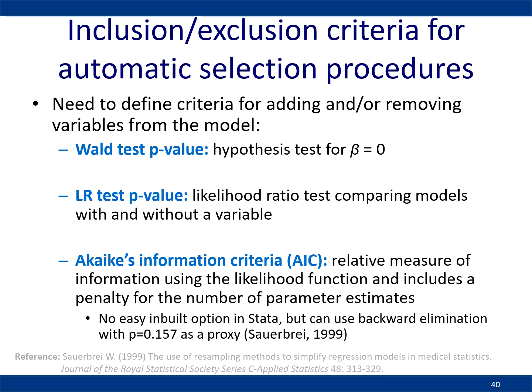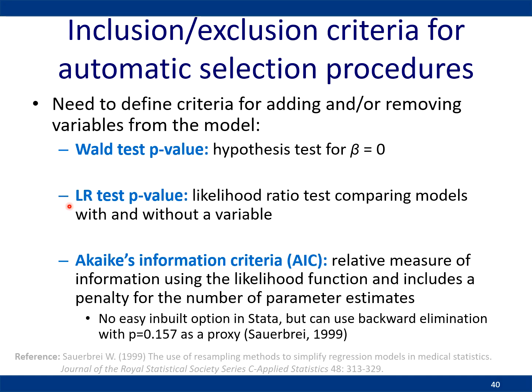So as I mentioned before, the inclusion or exclusion of the different variables needs to be based on some criteria that we need to define, and we can do this in different ways. So some common options are to use the Wald test p-value, which is a hypothesis test for the beta parameters in the model and tests whether they significantly differ from 0.